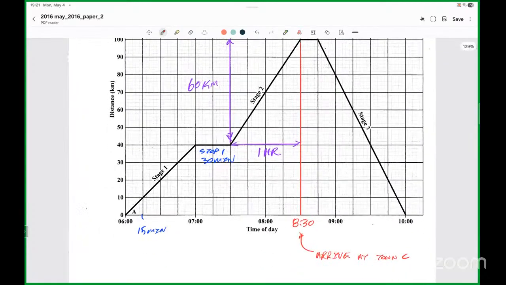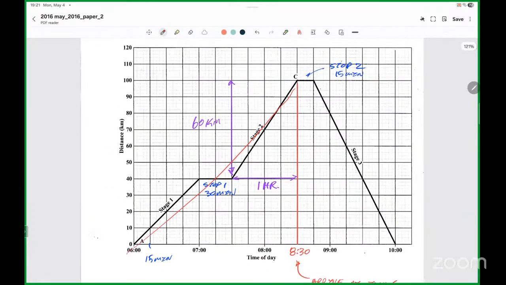You go all the way up to town C first, which is 100 kilometers away, and then you come back to A. So the total distance travelled was 200 kilometers. Remember, the graph only shows you where you are from a reference point.